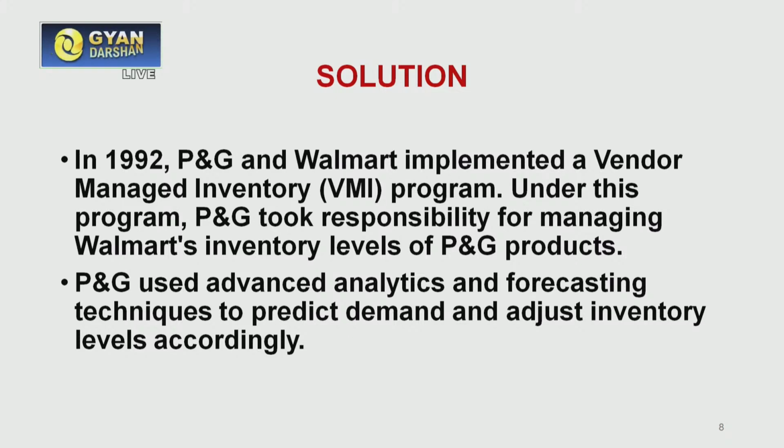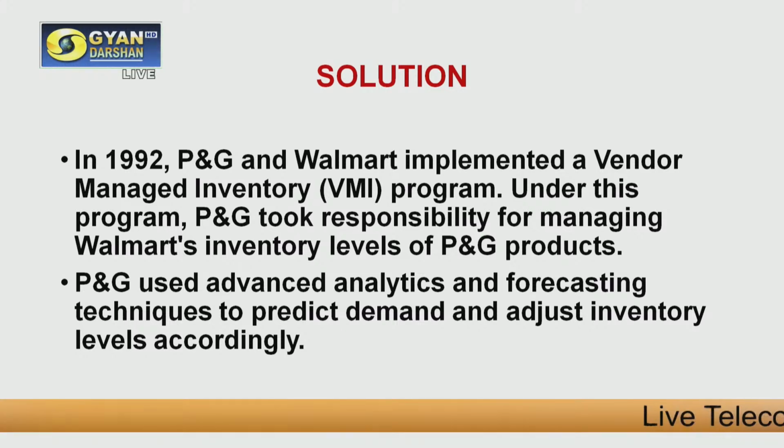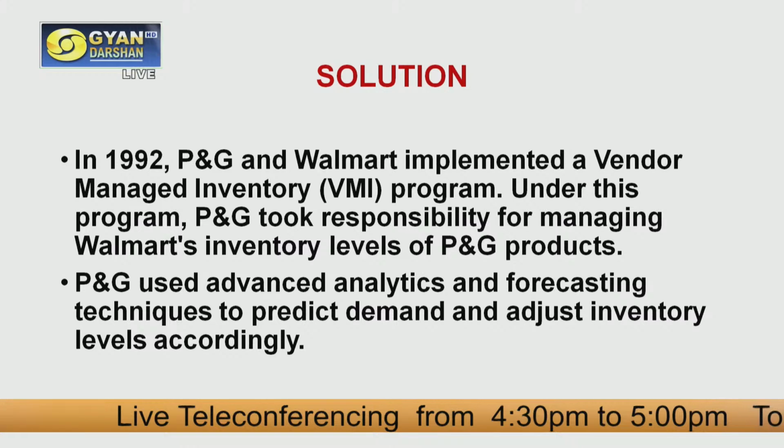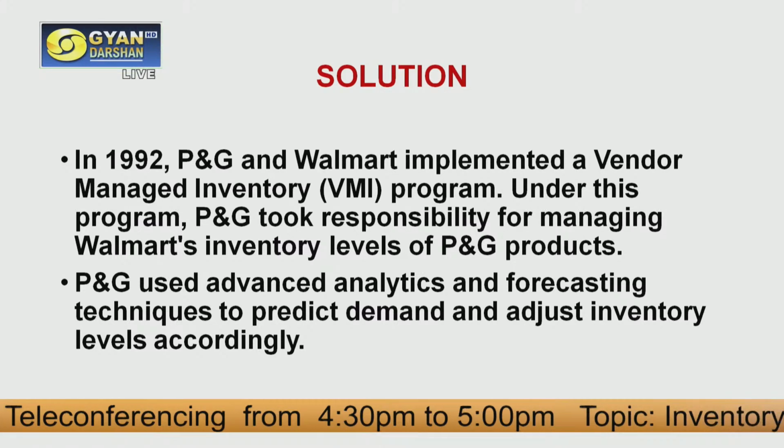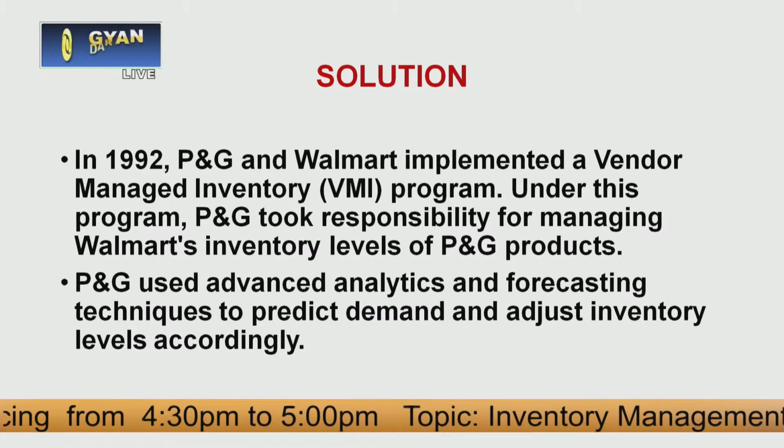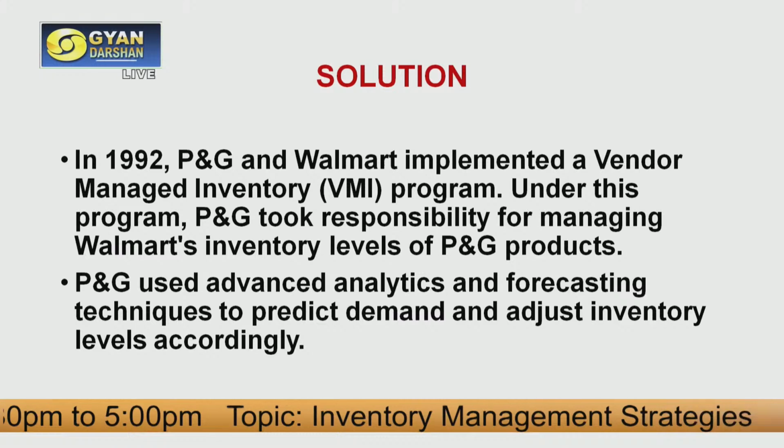Walmart has trust in Procter and Gamble because both are multinational companies. So what Procter and Gamble did, they used advanced analytics and forecasting techniques to predict the demand and adjust the inventory level accordingly.